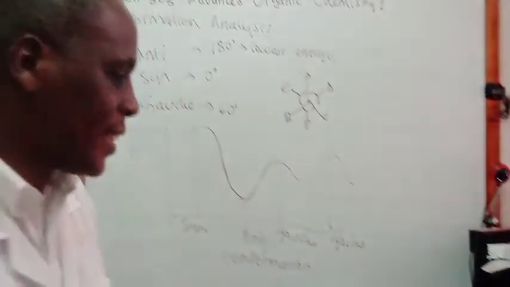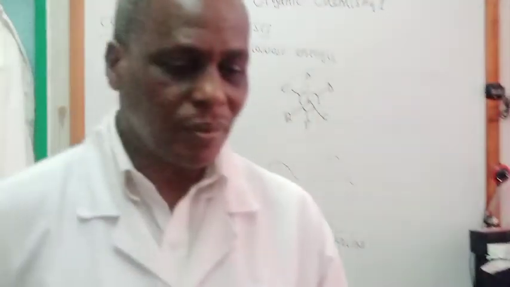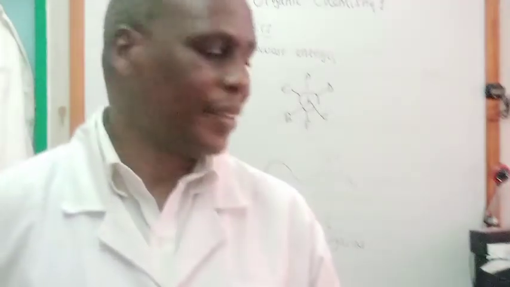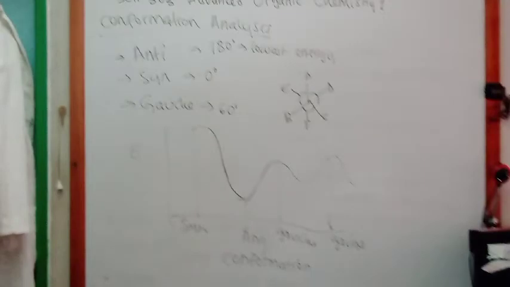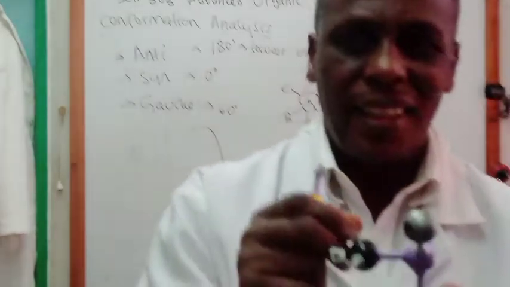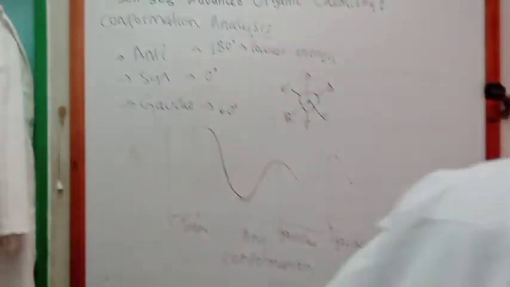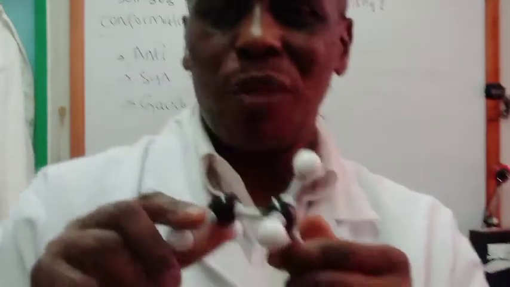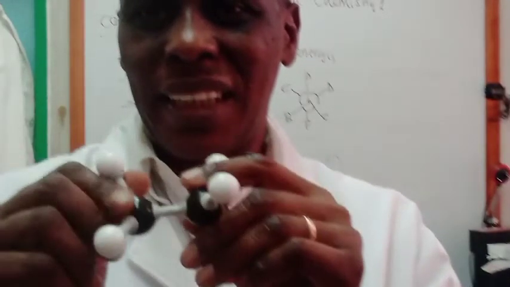You're going to see that alkanes like the ones I was showing you, if they're not in a ring, then the only thing we'll be talking about will be steric interaction.